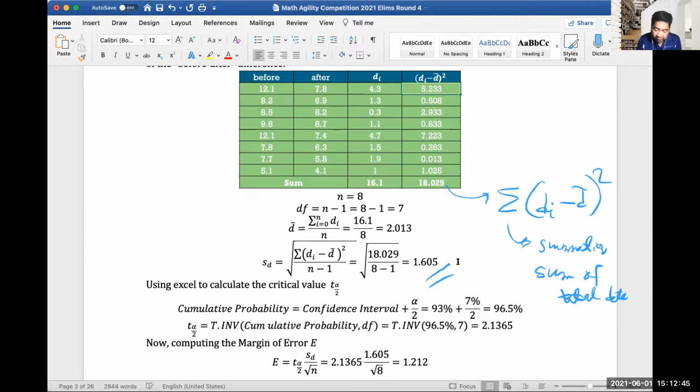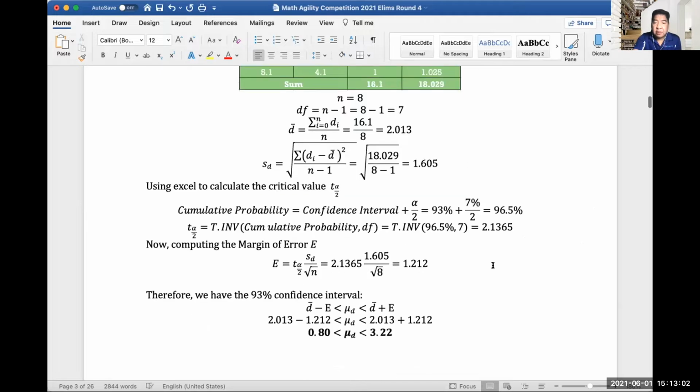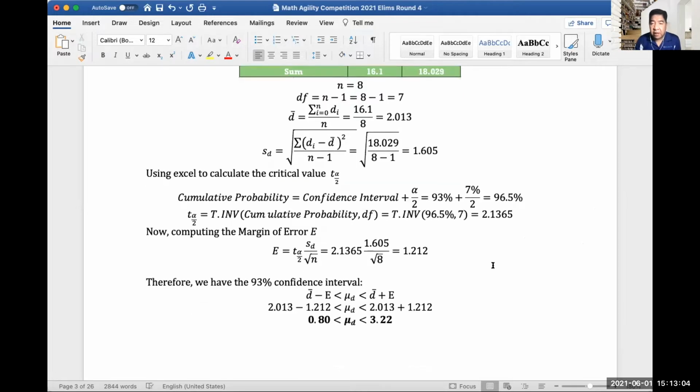We have our sample mean and sample standard deviation. The next step is to calculate the critical value t of alpha over 2. So how do we compute the critical value? Given that our confidence level is 93%, right?